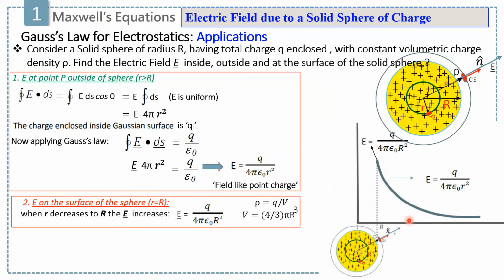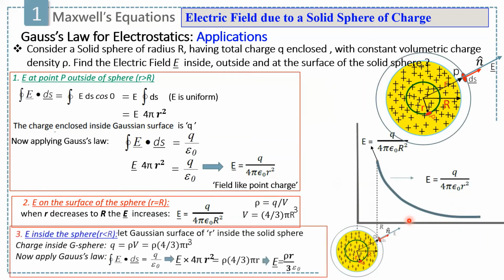Now, in the case of inside of the sphere, let's take a Gaussian surface of radius r now inside of the sphere, and we take a point P where we choose a surface area dS on which the electric field is radial and symmetric all over the Gaussian surface.